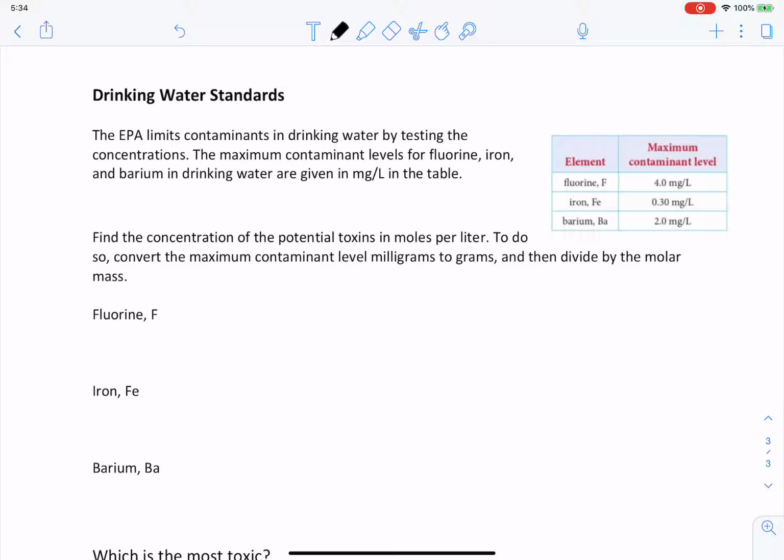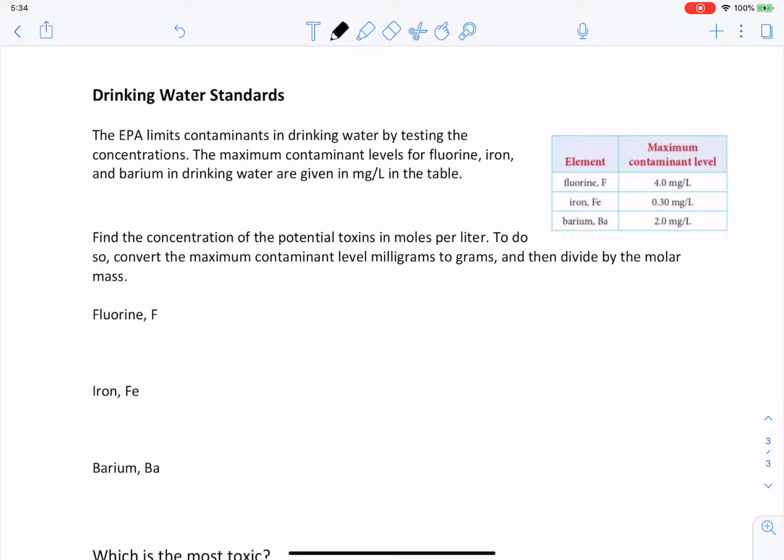Talking about toxicity and concentration, it's really important how regulations, like the EPA, the Environmental Protection Agency, limit the contaminants in drinking water. They are constantly testing concentrations in all types of water, from different companies to cities, basically making sure that the water is safe to drink.